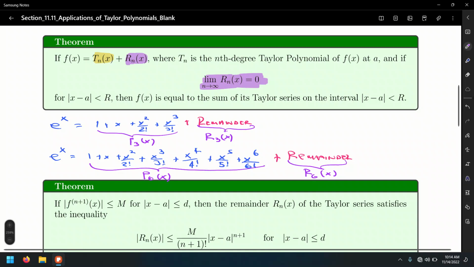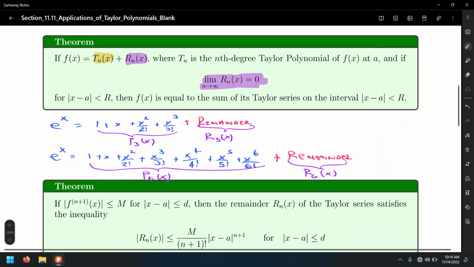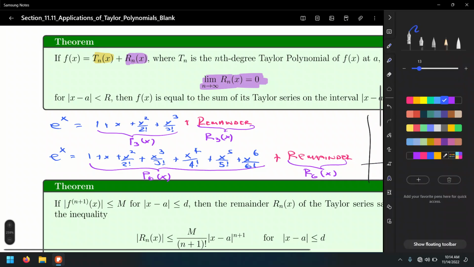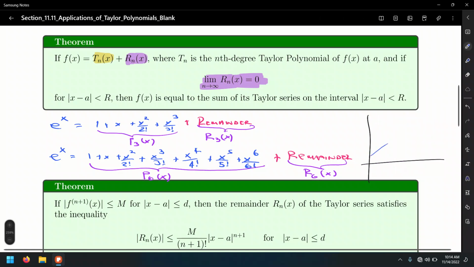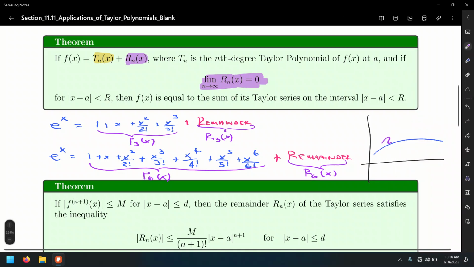Now, this is the picture, so to speak. So we have some function f of x, and let me call it like this. So that's the function f of x, and this is the approximation around a, for example.